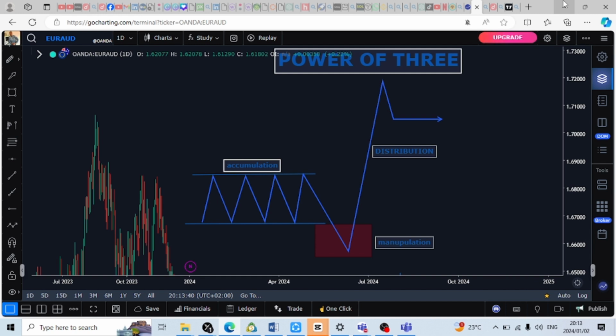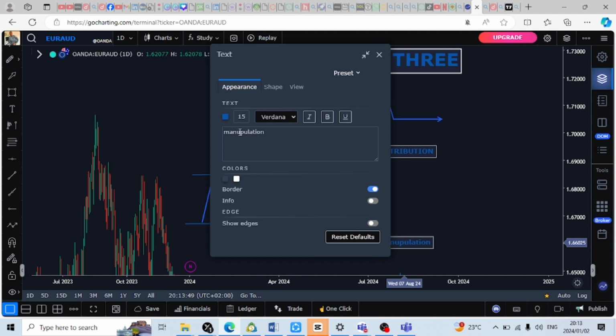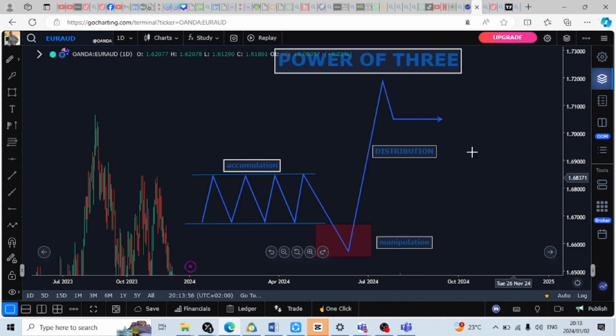So when we talk about the power of three, we have what we call accumulation, manipulation, and distribution. That's the concept that we're going to be looking at.